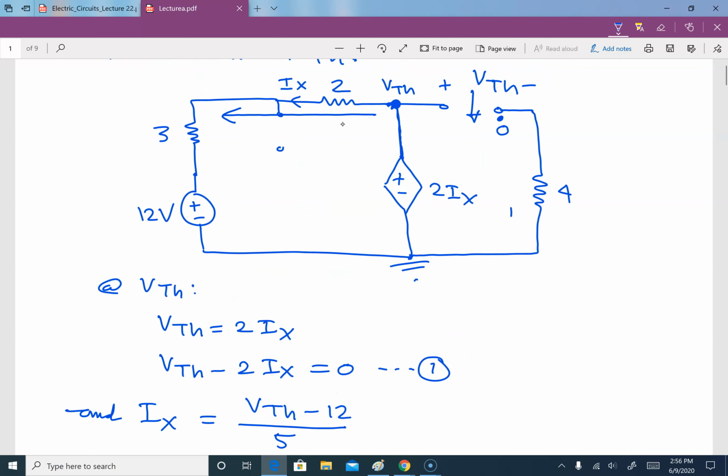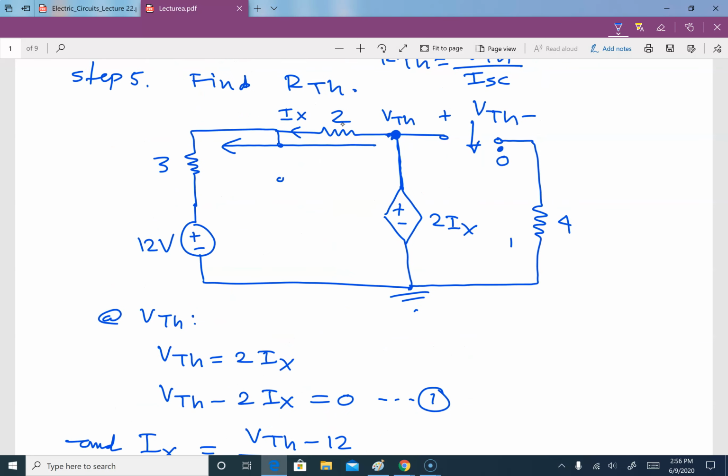If you remember, earlier we got our I short circuit in step number 4, when we got our V naught of infinity.